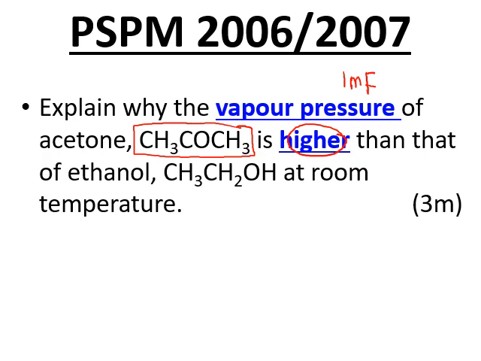When we look at the formula for acetone, the hydrogen is not attached to the oxygen. So generally, the intermolecular force in acetone will be van der Waals force. While for ethanol, the hydrogen is bonded directly to FON, so the intermolecular force for ethanol is hydrogen bond.